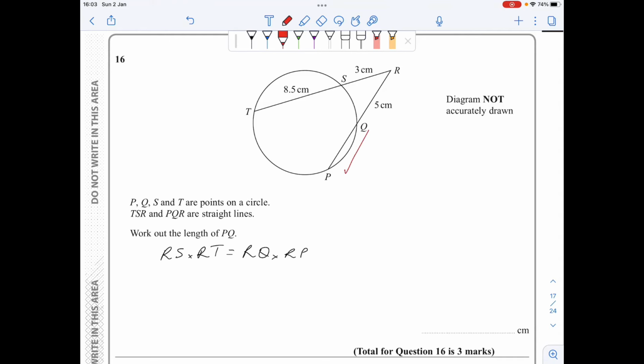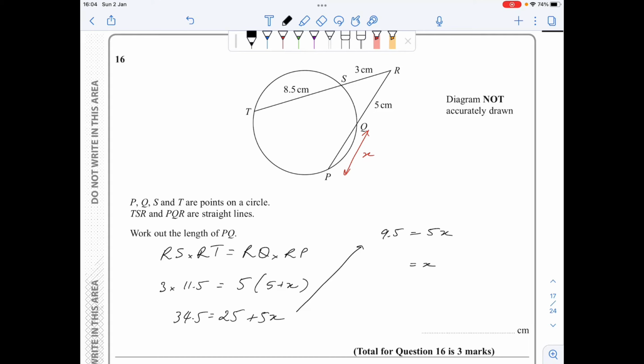So I'm going to label this distance as X. So let's substitute the values in. 3 times 11.5 is equal to 5 times 5 plus X. Let's solve this one. 34.5 is equal to 25 plus 5X. 9.5 equals 5X. So X comes out to be 1.9.